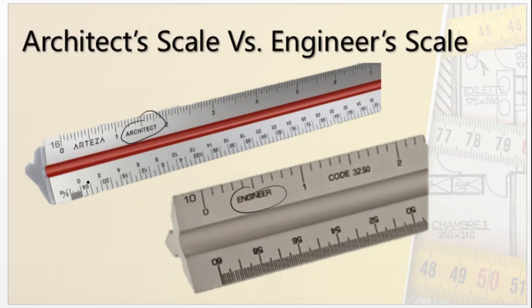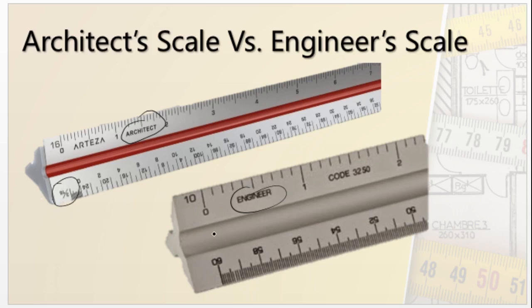So in architect scale, you will be seeing divisions, the conventional scales we use, which we have mentioned earlier: 1 by 4 scale, 3 by 32 scale, 1 by 8 scale. Those scales you can identify.